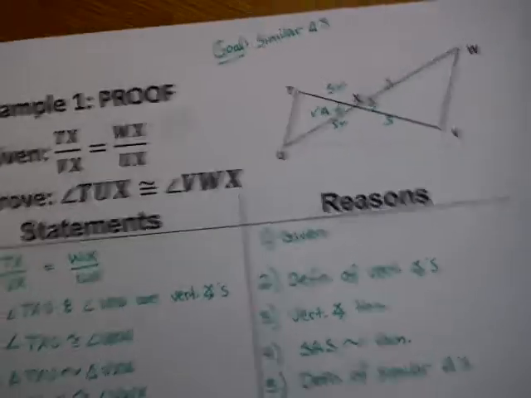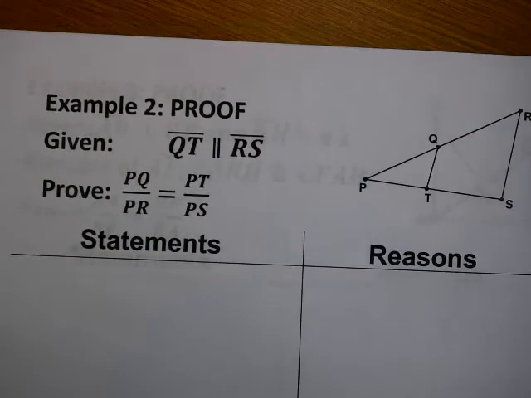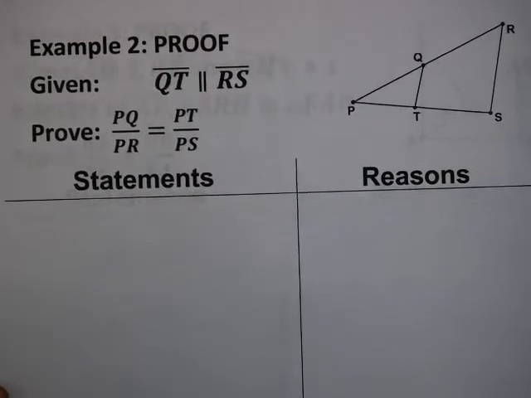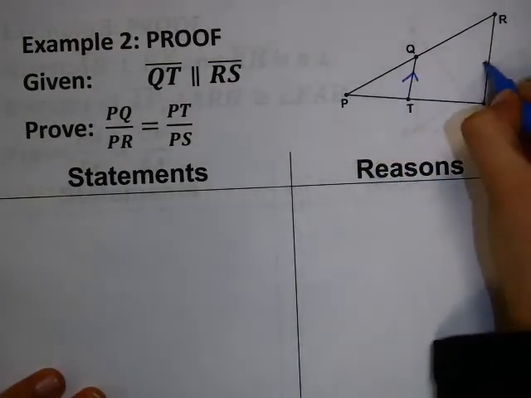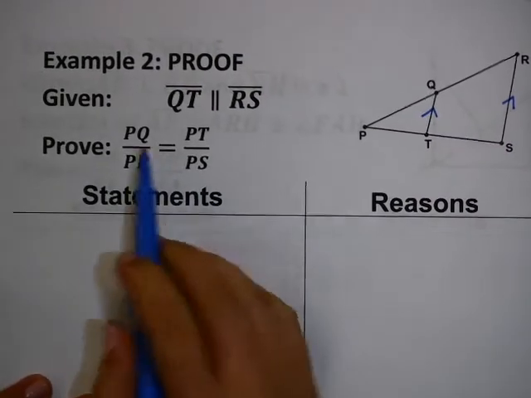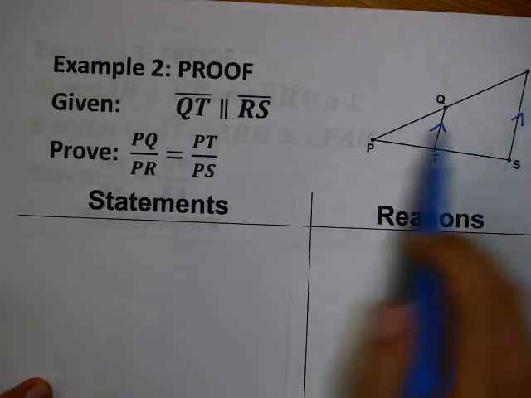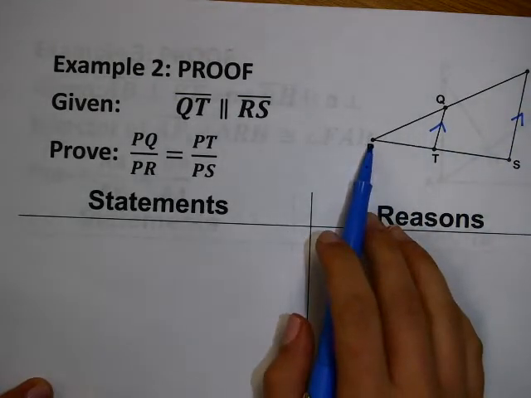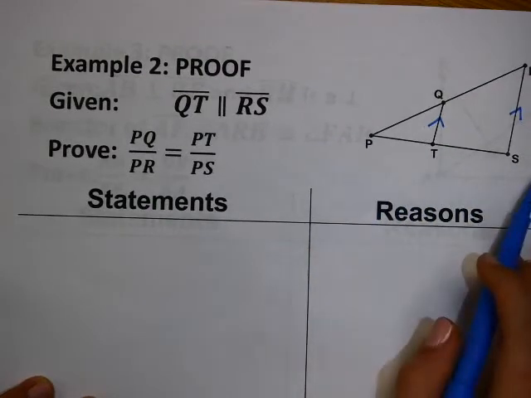Okay, let's take a look at another proof. In this example, we have QT is parallel to RS. Let's draw that in. We need to prove that PQ over PR is proportional to PT over PS.